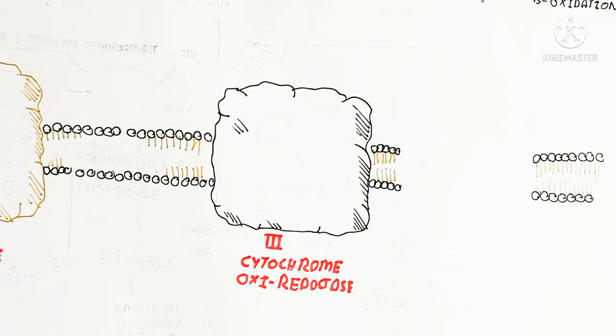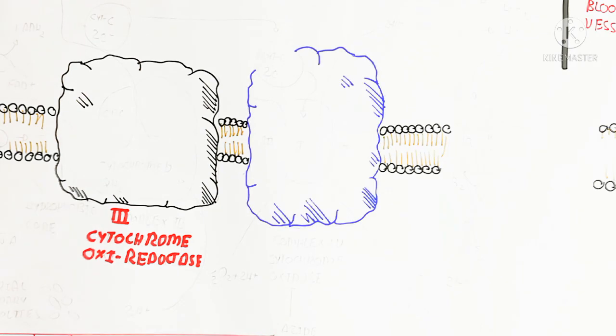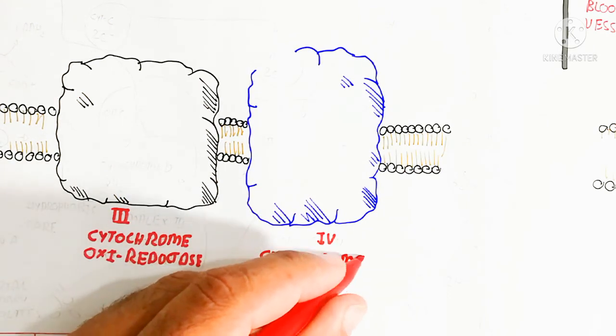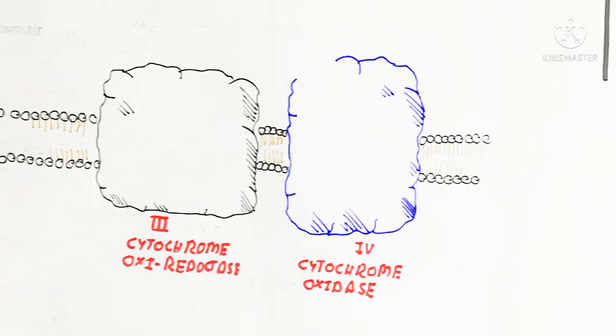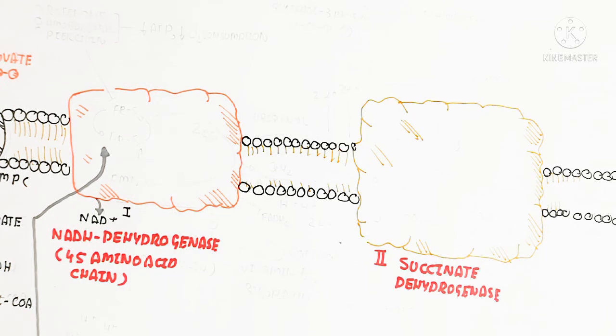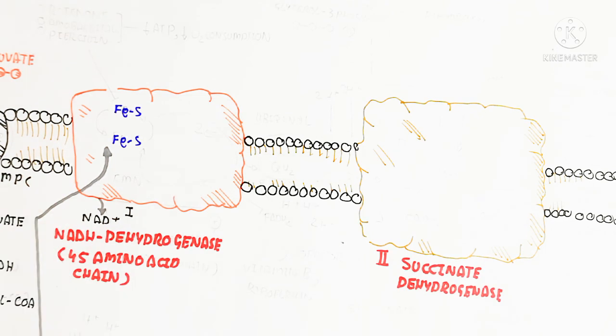Here is the cytochrome oxidase, which is used for oxidation and reduction also. That is complex 3, oxidation and reduction of the mobile ubiquinone. And the fourth is known as cytochrome oxidase, which is used for the oxidation of the molecule. So let's begin to understand how this works.